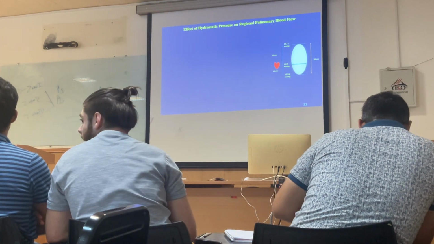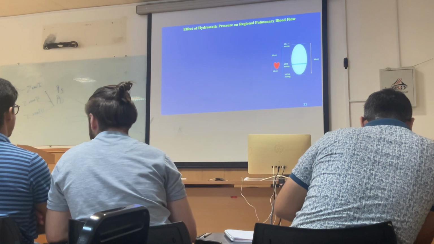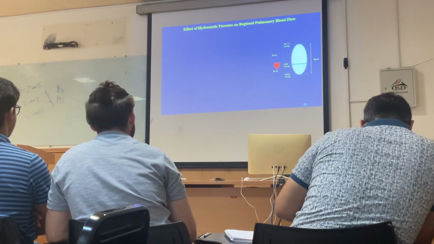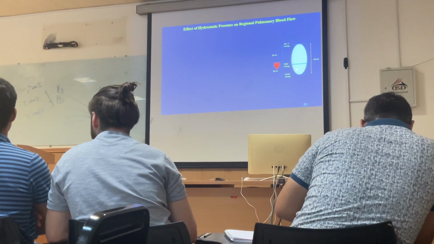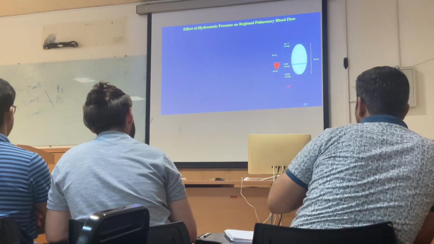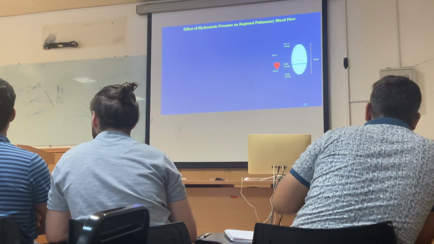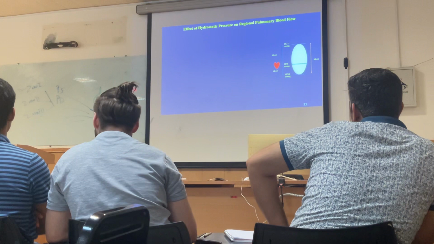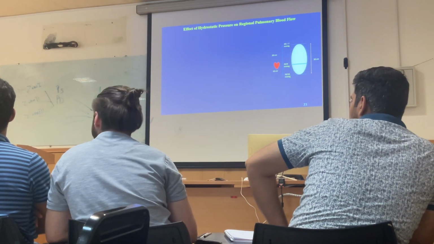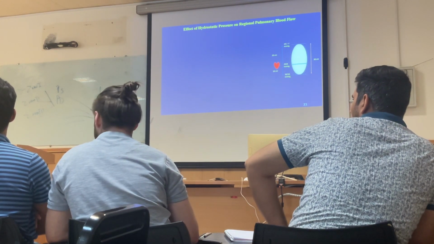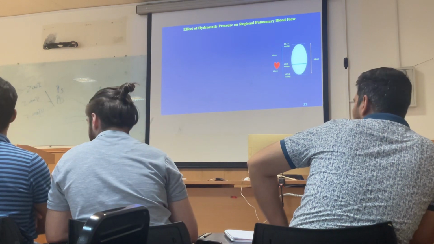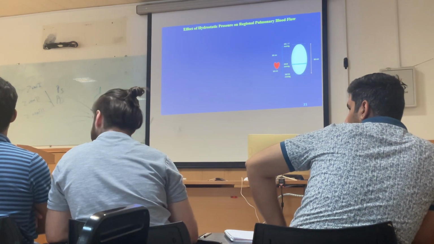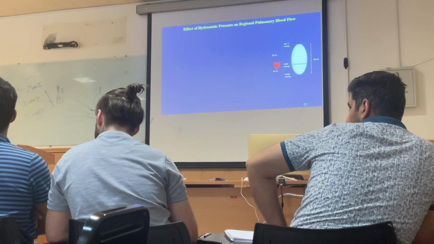Opposite to this, we move to the bottom of the lung. At the bottom of the lung, during systole, the pressure is about 33. 33 is more than 0. During systole, we have blood flow. During diastole, we also have blood flow. This type of blood flow is named zone 3.